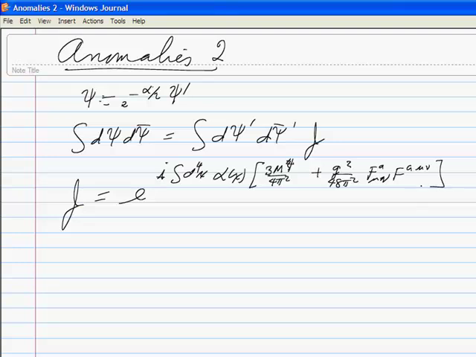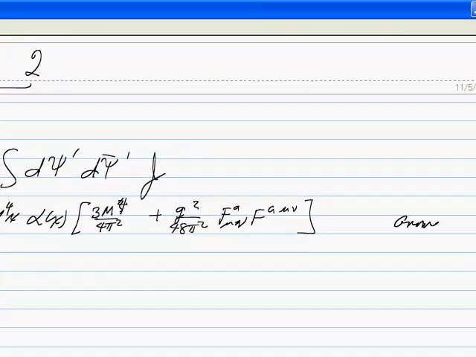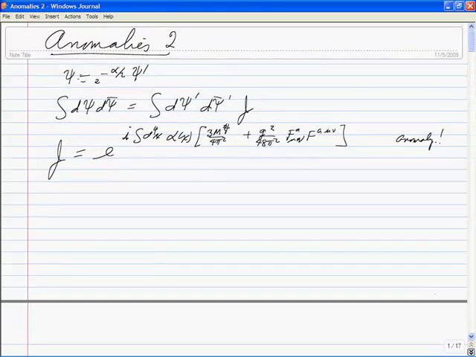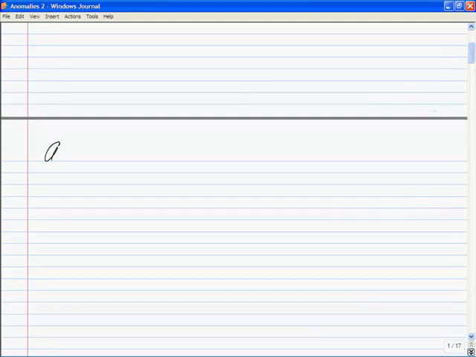Okay, so at this stage we know there's an anomaly. This by itself is a signal of the anomaly, and we just need now to get the anomaly relation out. So let's do that.